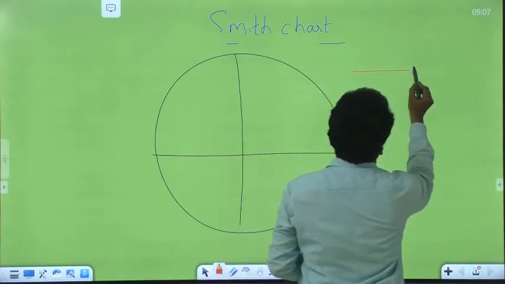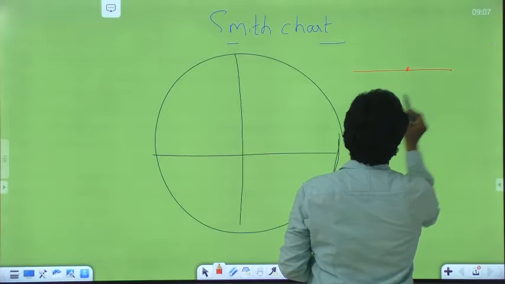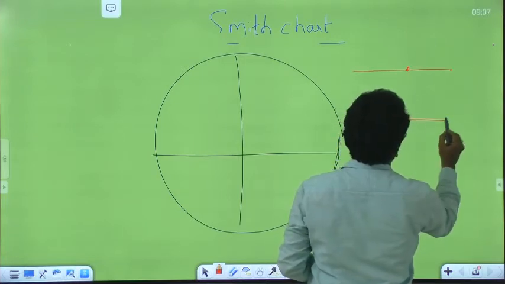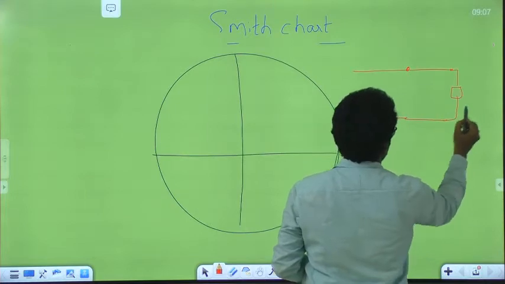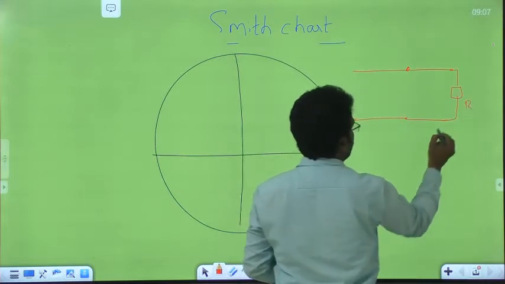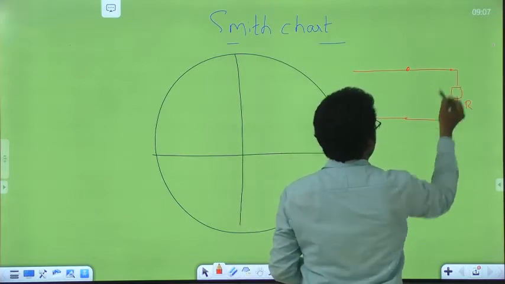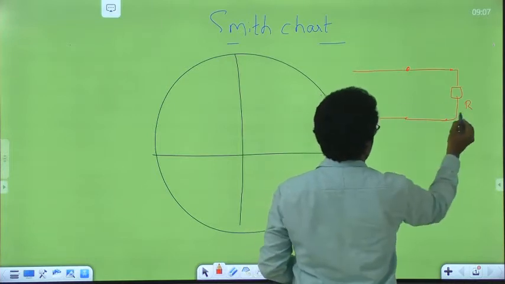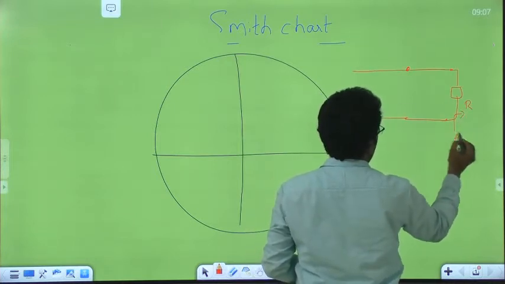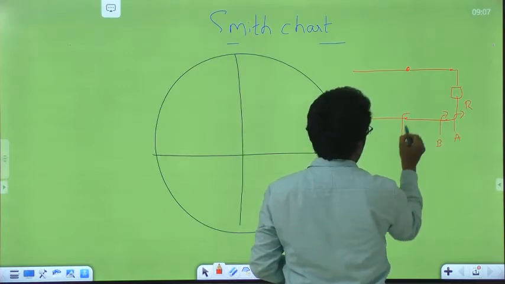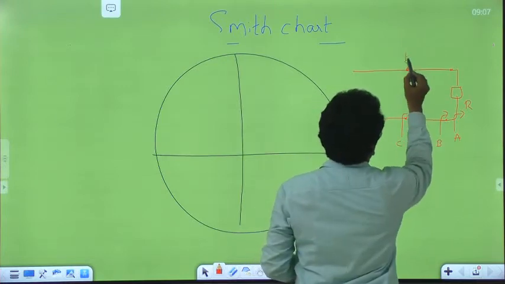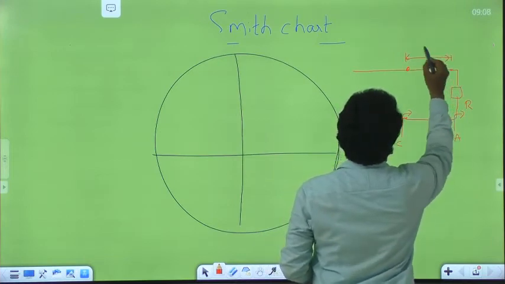So in this transmission line, what is the load impedance? This is R, because I am taking this for case 1 where the impedance is only real. So this is point A and this is point B and this is point C. The length of this line is how much? Always this is lambda by 4 only.